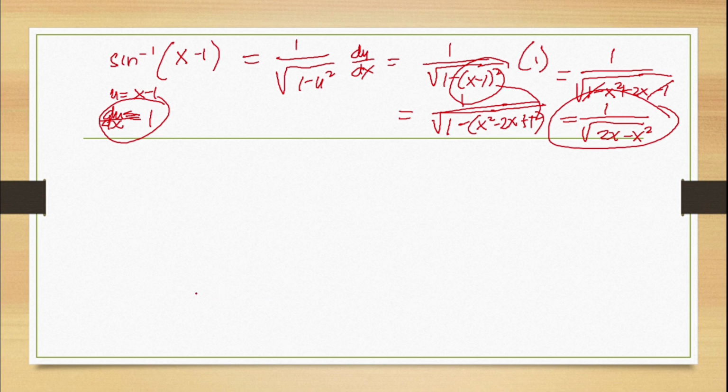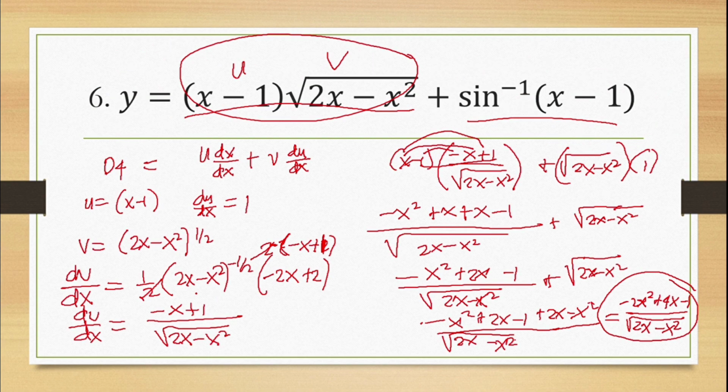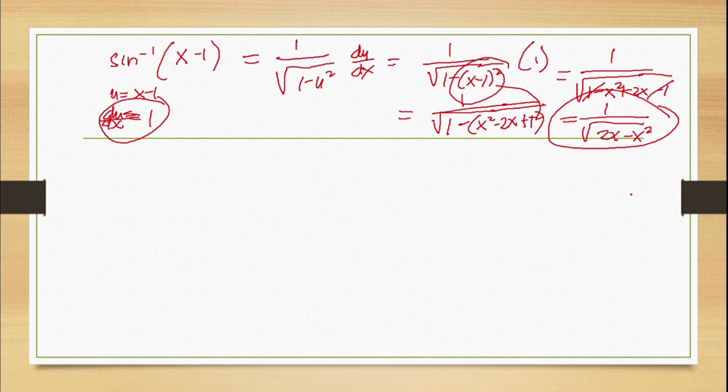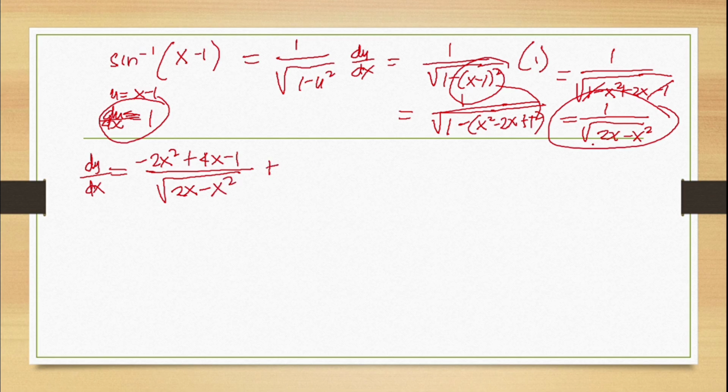Next, we are going to combine the two derivatives here. Therefore, dy over dx is negative 2x squared plus 4x minus 1 over the square root of 2x minus x squared, plus the result of inverse sine, 1 over the square root of 2x minus x squared.